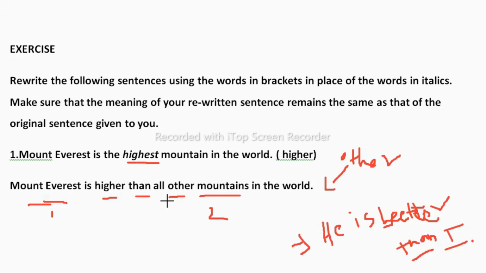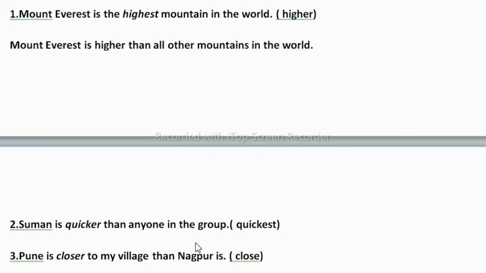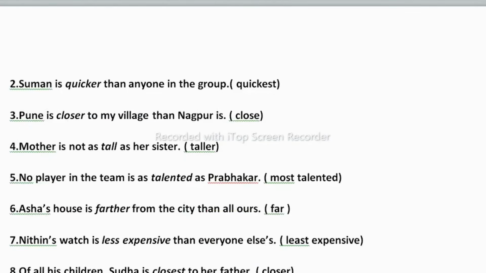At that time we have to use the word other. Simply with comparative degree, we cannot use the word other. When we are transforming superlative to comparative, at that time we have to use the word other. I hope you are understanding it. If you don't, pause the video and watch it again and again. Now let us see the next one.